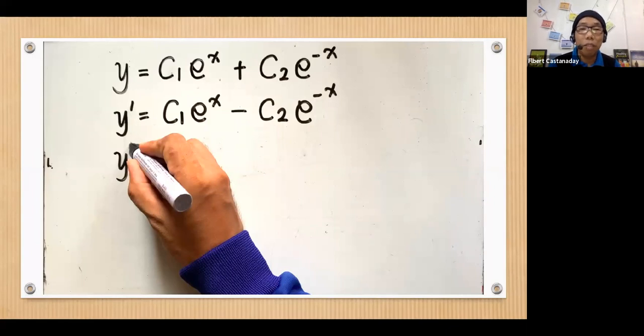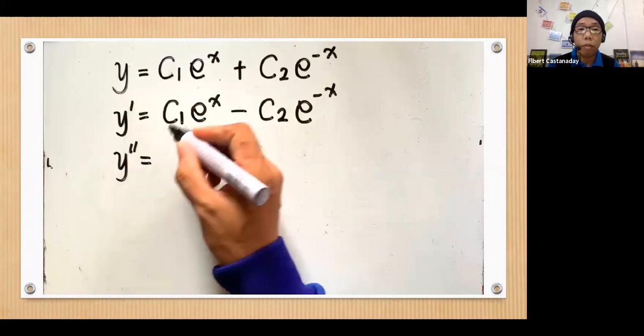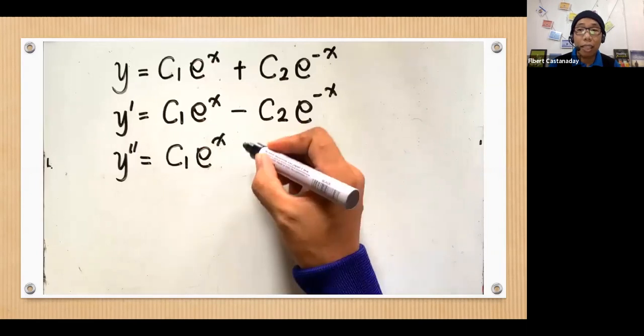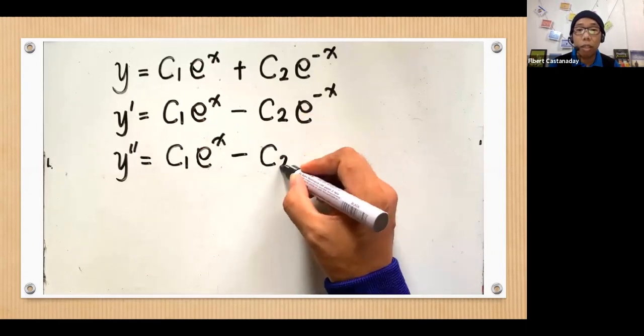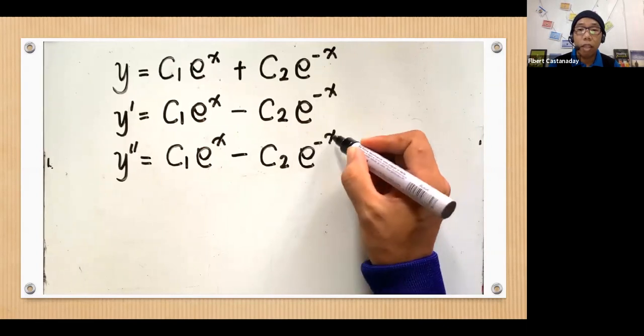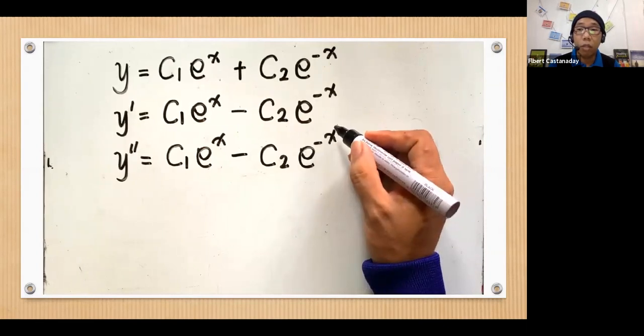Anyway, let's proceed to the final differentiation. So the derivative of y prime is y double prime. And then differentiate the first term at the right-hand side of the equation. So we have c sub 1 e raised to x, differentiate x at the exponent, that is equal to 1. So minus, we copy c sub 2 and then differentiate e raised to negative x and then differentiate negative x and that is equal to negative 1.